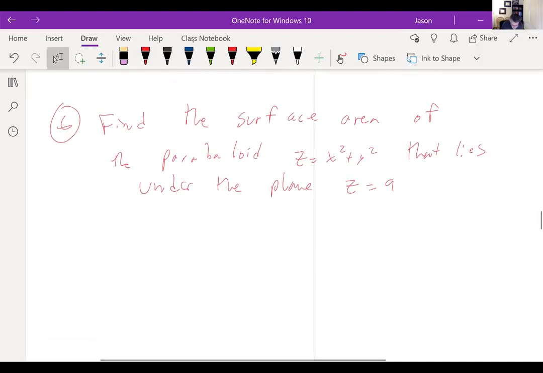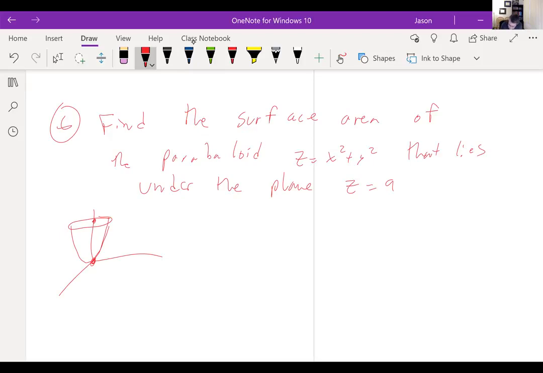So what do we got? We got this paraboloid here, and we're at z equals 9.